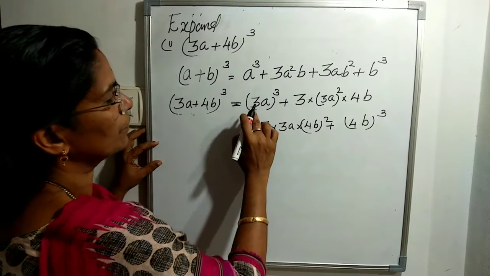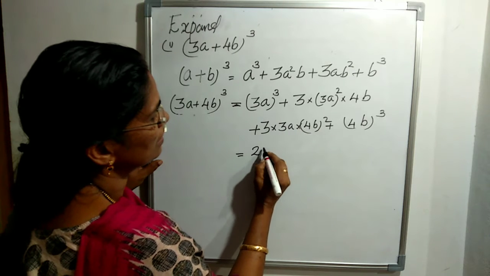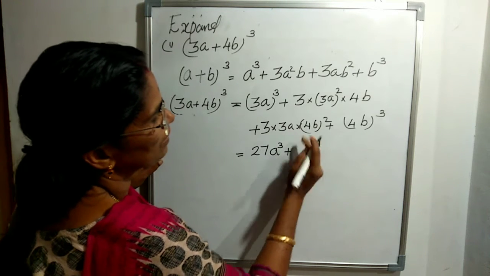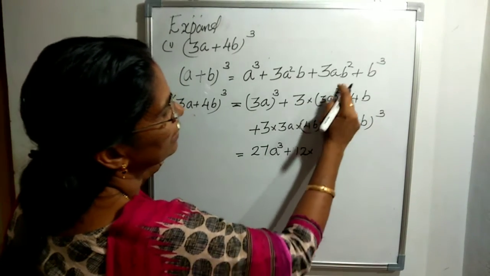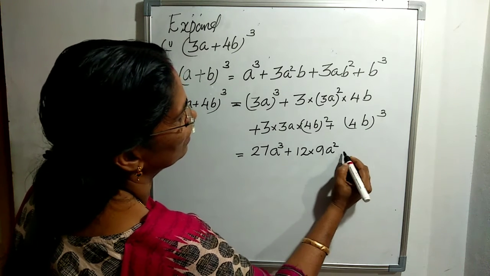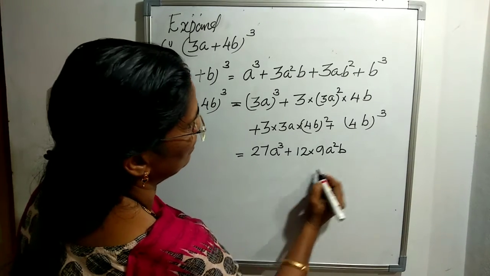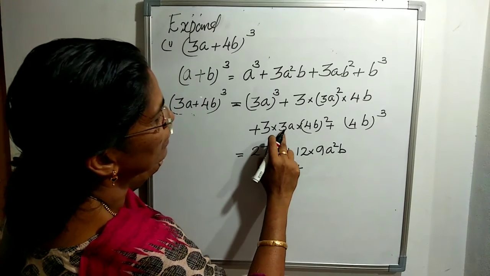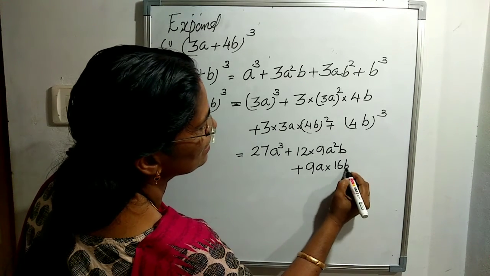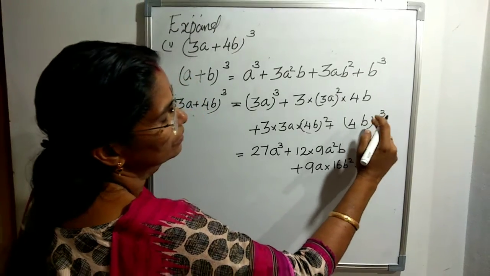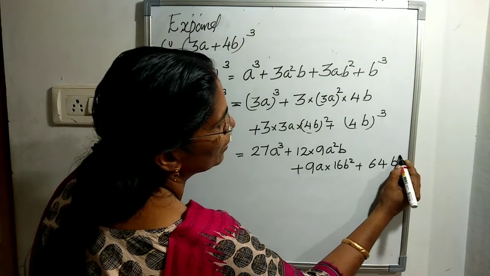It is equal to 3 cube, 3 into 3 into 3, that is 27a cube. Plus here 3 into 4 it is 12, and (3a) square it is 9a square, and b is there. Plus 3 into 3 it is 9a into 16b square, plus 4 into 4 into 4, 16 into 4, it is 64b cube.